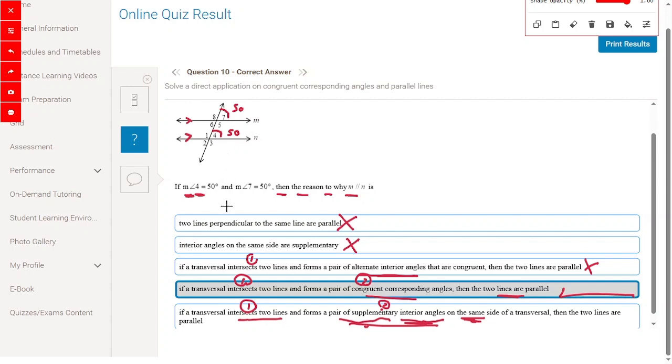It's not mentioning any information about the interior angles. So this is wrong. But if we are talking about interior angles on the same side being supplementary, then I can say this answer is right. But now this one is wrong for this question.